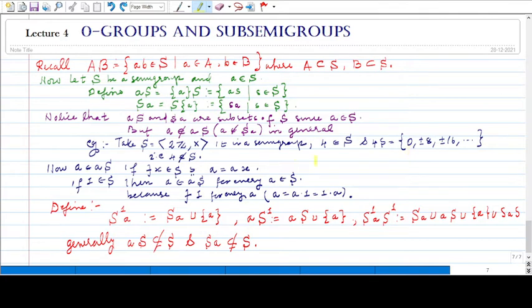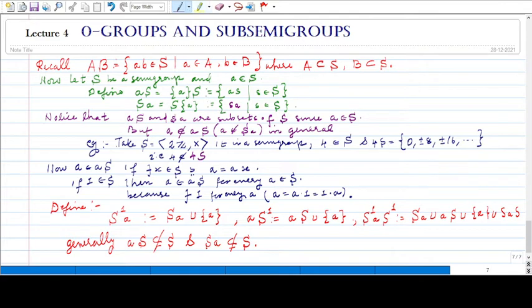Now you can see that 4 does not belong to 4S.